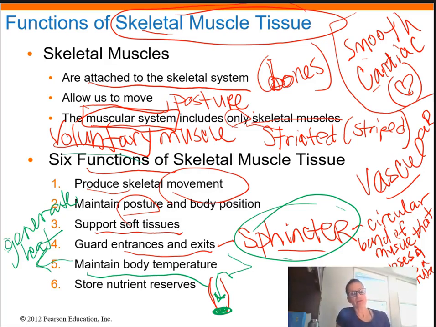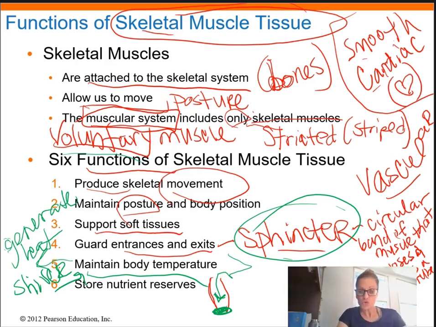Also, think about what happens when you're really, really cold. You shiver. And shivering is just really rapid muscle contraction because I just said contractions make heat. So if you're contracting and contracting really, really fast, you're making a lot of heat. And that helps to warm the body up back to a normal temperature.